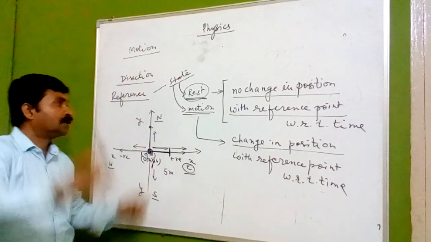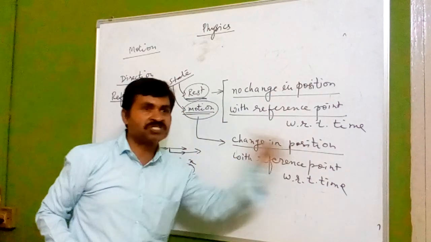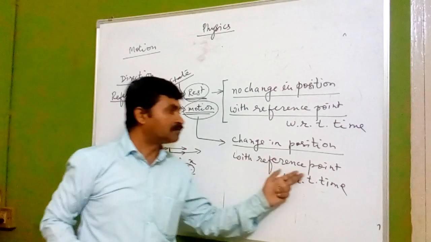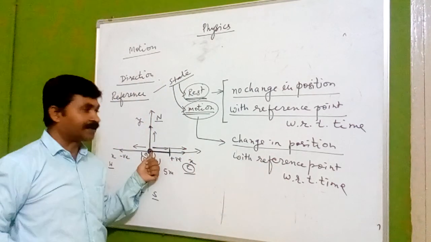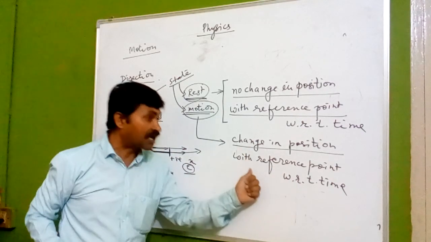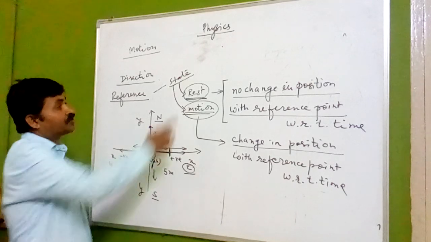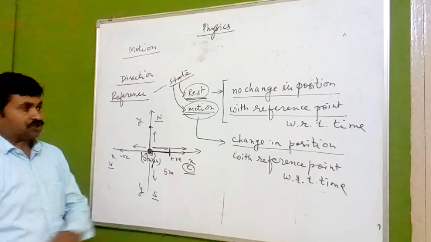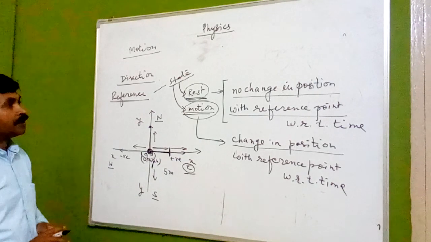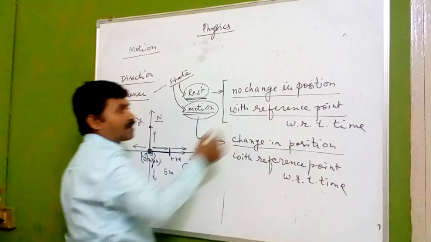Rest, motion: the object is changing its position with reference point. If we have taken this reference point, then there is a change in position with the reference point with respect to time. So it is giving you the rest and motion. Okay. Now another term will come into picture. Now rest is there.